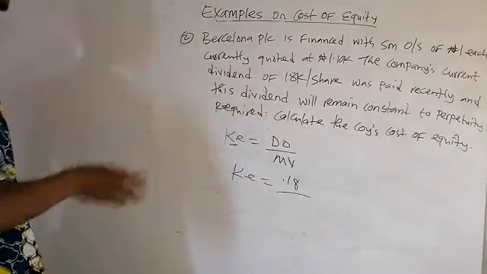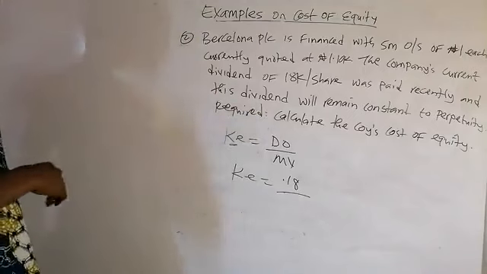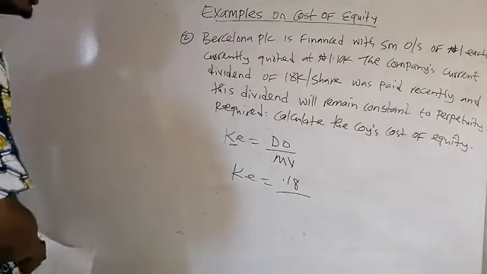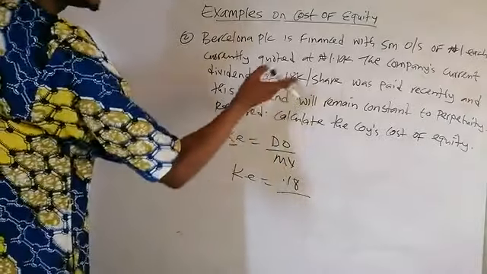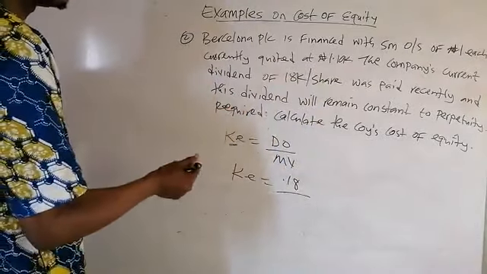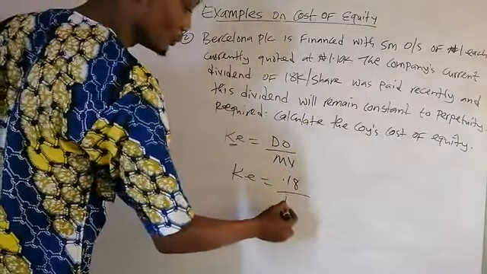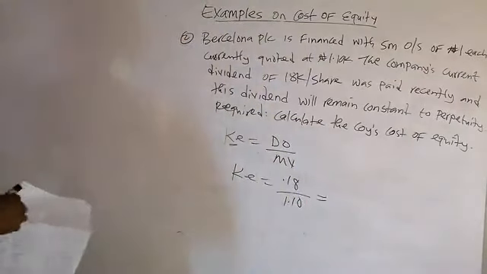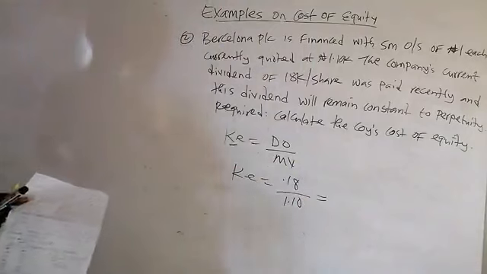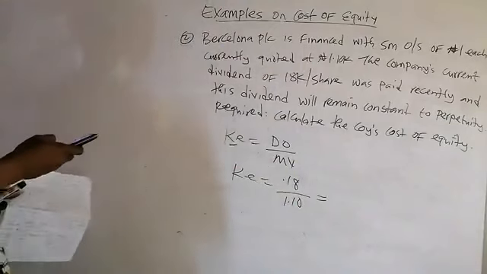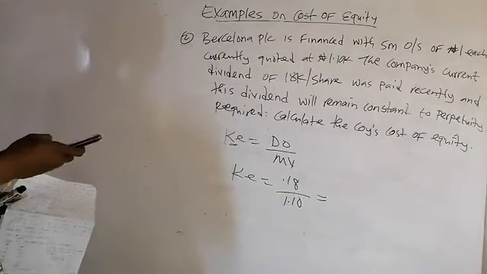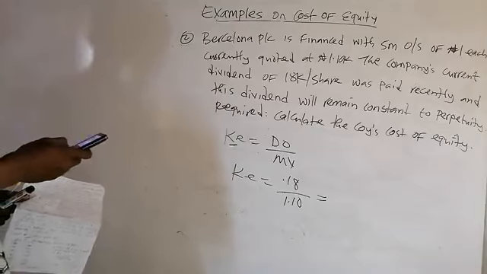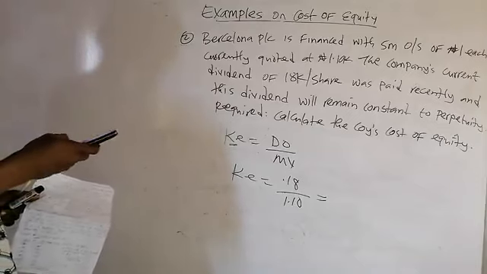It means the market value is exclusive of dividend. There's no need to adjust the market value, so we're going to use it straight like that. So what is the market value given to us in the question? 1.10. So therefore, just compute our cost of equity straight. 18 kobo is 0.18 divided by 1.1.